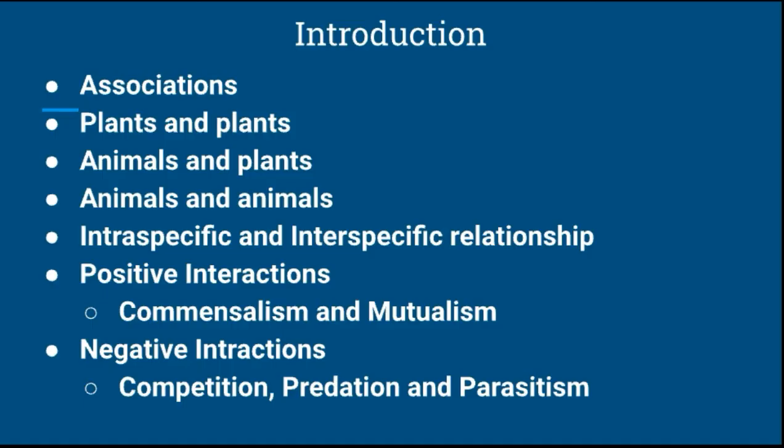It means the interaction between two animals or two plants is beneficial. And in a negative interaction, some animals are benefited but the others are harmed. In our syllabus, in the positive interaction, there are two concepts we will study, that is commensalism and mutualism. And in the negative interaction, there are three concepts we will study, that is competition, predation and parasitism.